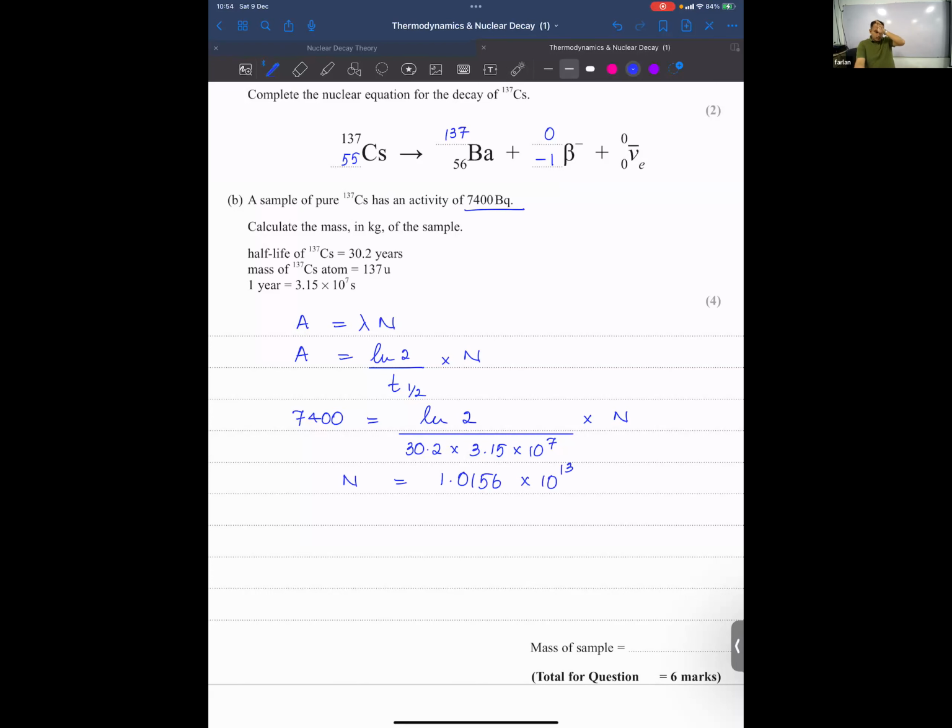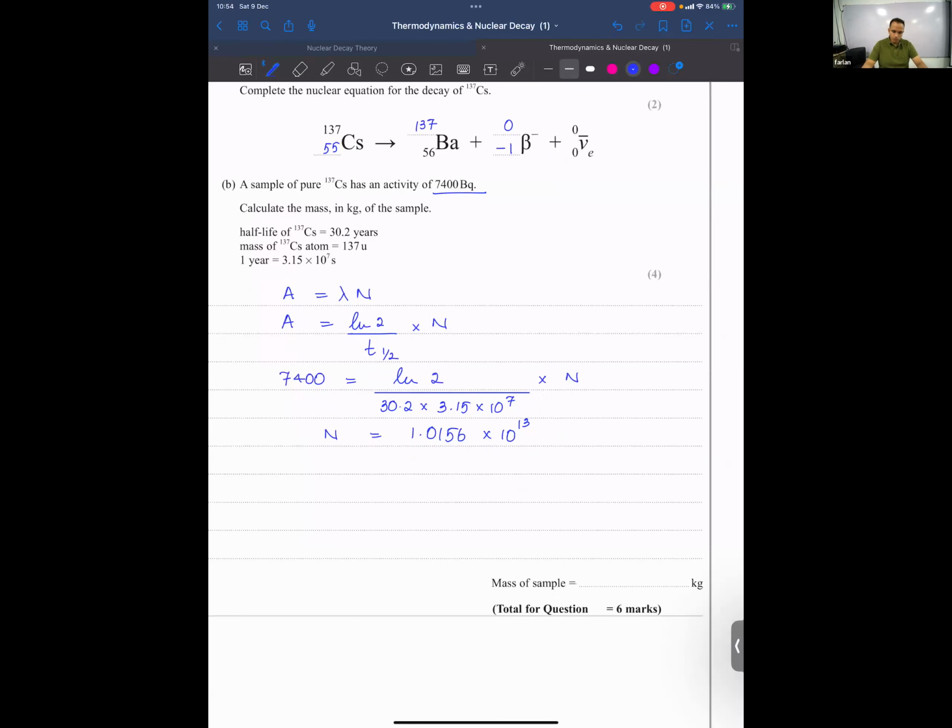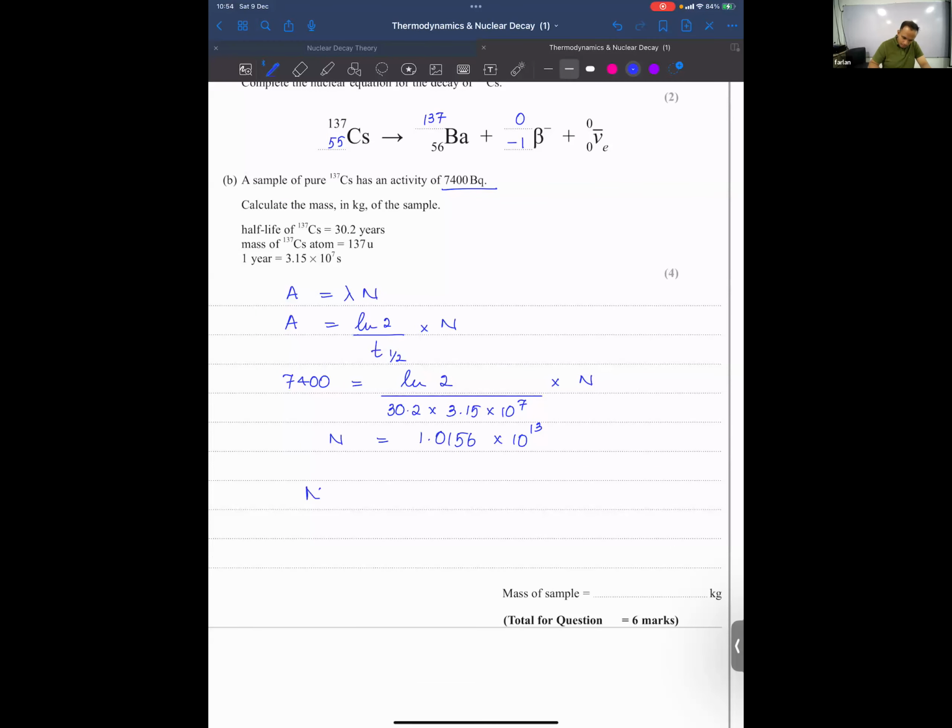But they're asking to calculate the mass in kilograms of the sample. So they have given one atom of cesium-137 is 137 U. So to find the mass, multiply the number of nuclei, 1.0156 into 10 to the power 13, with the mass of one atom, which is 137 U. So 1 U is 1.66 into 10 to the power minus 27 in kilograms.